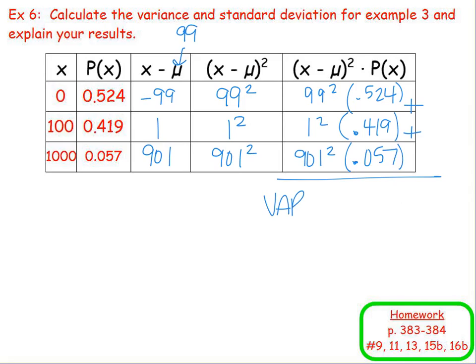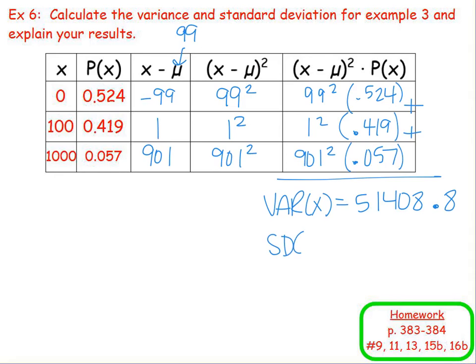This gives us our variance. I ended up with 51,408.8. Very large number.